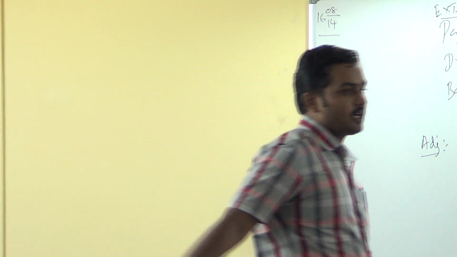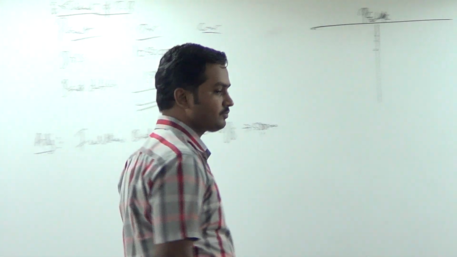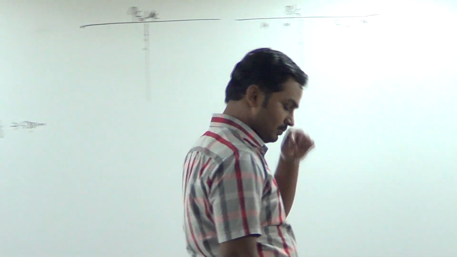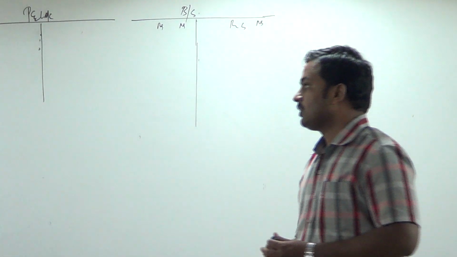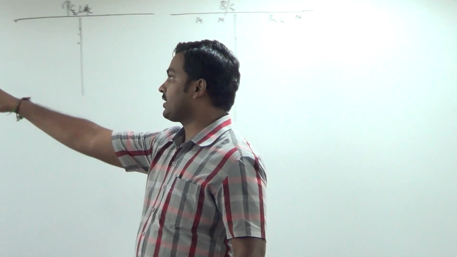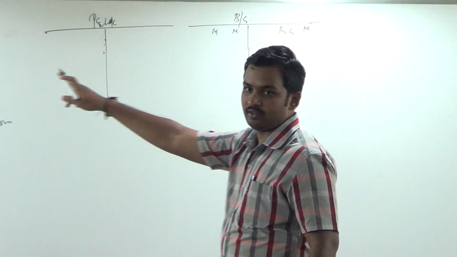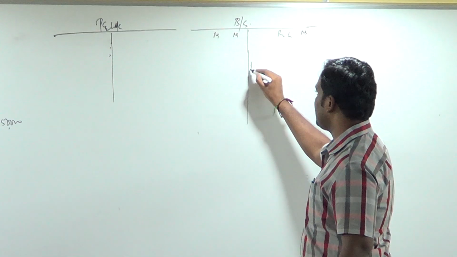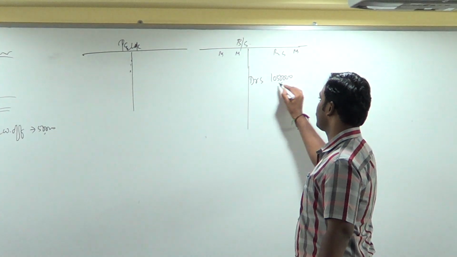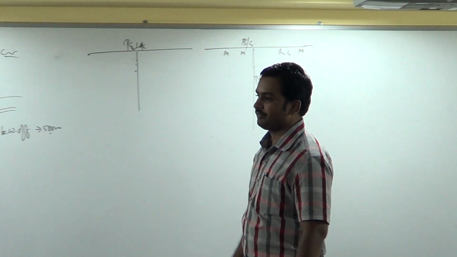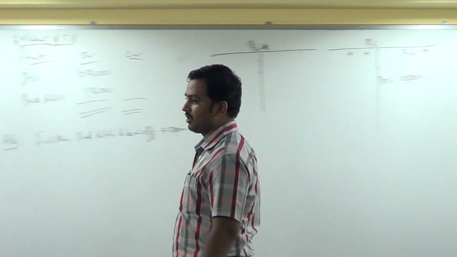Open a small P&L account and a balance sheet. Now how will you deal with it? Debtors 10,50,000. You will show it in the balance sheet, asset side, inner column.